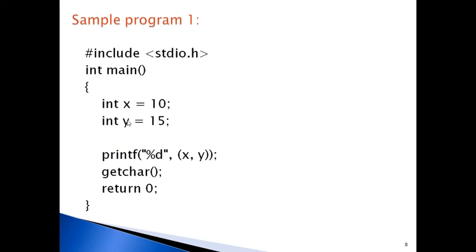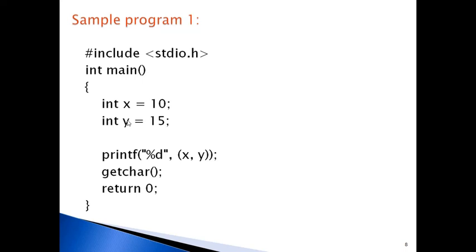Now we will see a simple program showing how the comma is used. #include <stdio.h>, main, int x = 10, int y = 15, printf function. %d is to print. This is the control string.